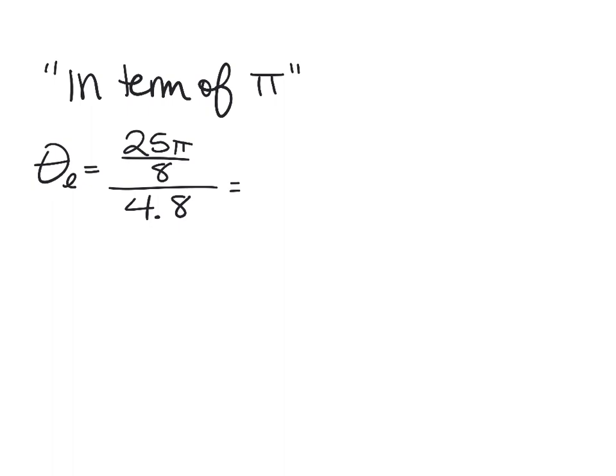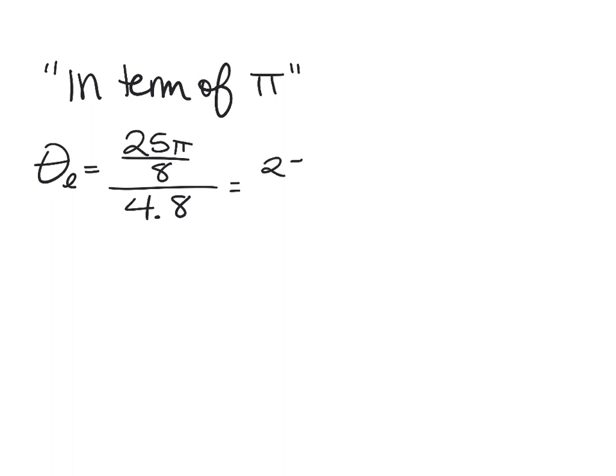So if I were to take the problem we had when we were finding the theta for that large circle, we had 25 pi over 8 divided by 4.8. And if it had not asked for just radians, or just degrees, but says radians in terms of pi, here's what you would do for this problem, just in case your homework asks for this. This would be one you have to sort of do by hand.